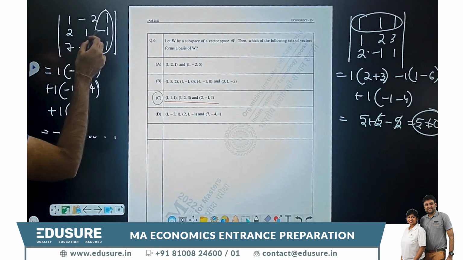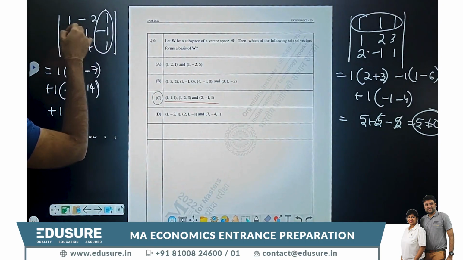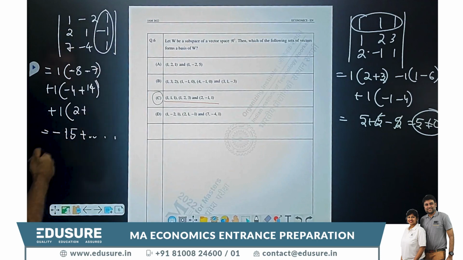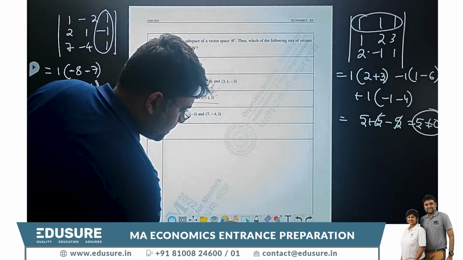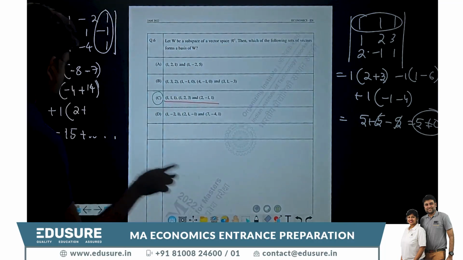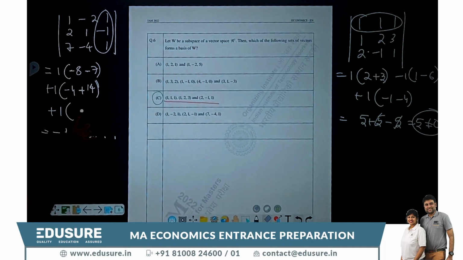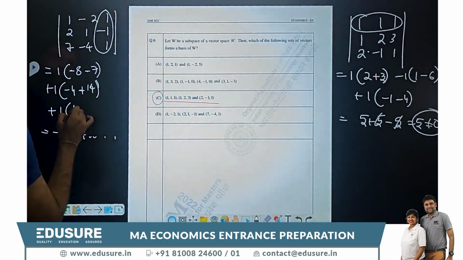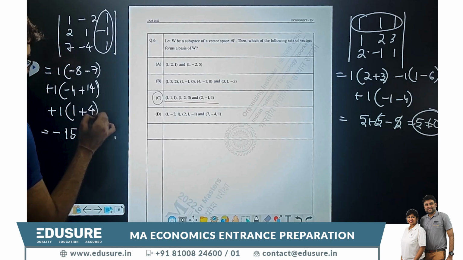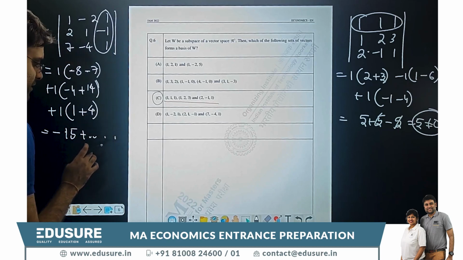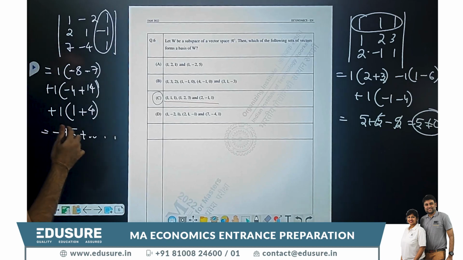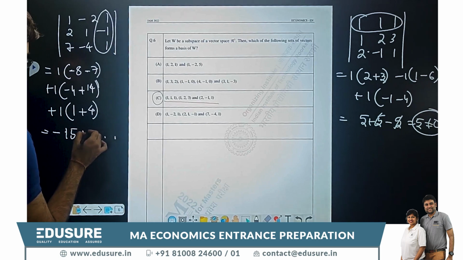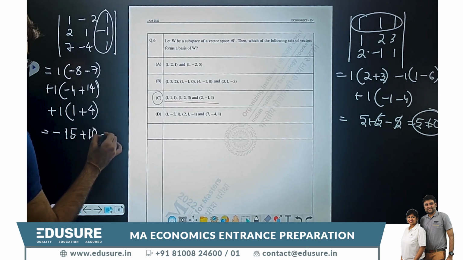Okay, this is basically 1... तो ये हो गया 15 minus 15 plus 10 plus 5. Correct.